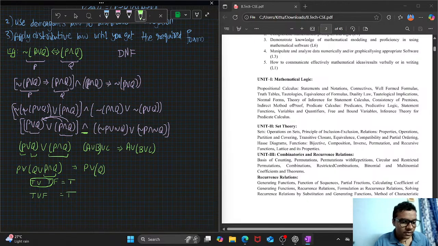I hope you have understood, because this is an OR, this doesn't matter. We have converted into the required form, and the AND will be preserved in between, and you do the same here.